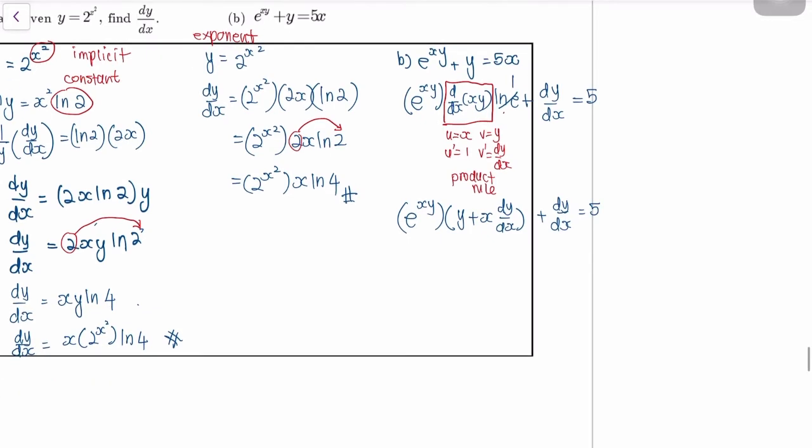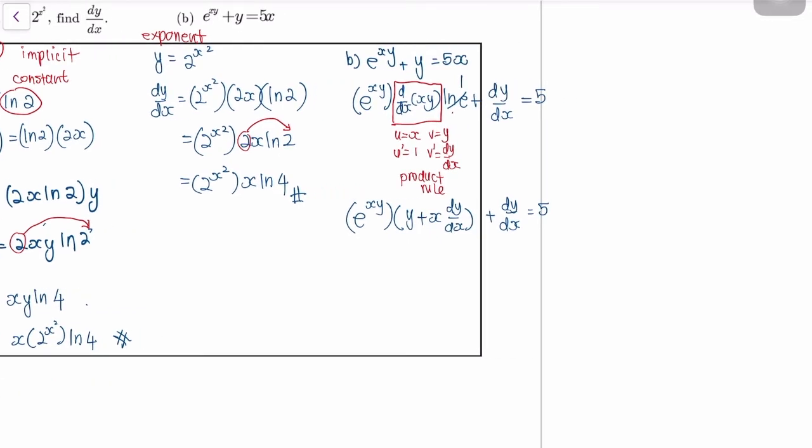Okay, so kita kena rearrange so that dy over dx will be the subject. So y e^(xy), saya expand, x e^(xy) dy over dx plus dy over dx equals 5. Factorize dy over dx, x e^(xy) plus 1.